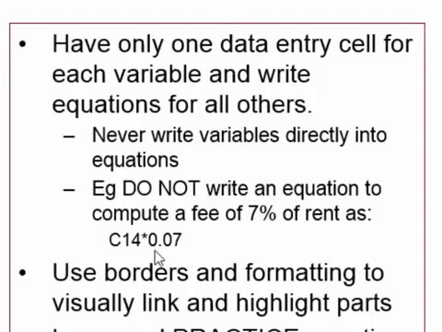Okay, it's good to have a cell for the inflation rate or the management fees, whatever, and your equations should all read something like C14 times B12 or something. Okay, that way you don't accidentally lock your model into being stuck with fixed data.